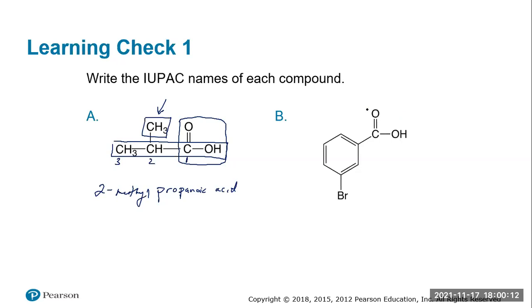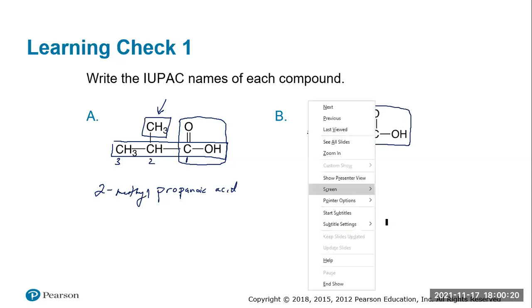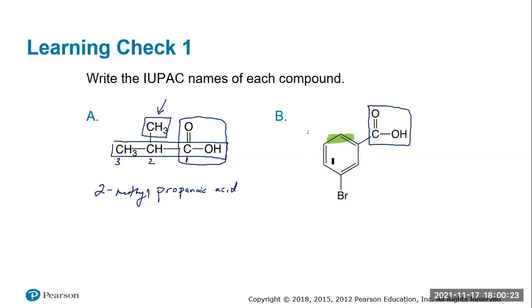Here on the guy on the B, we again see our carboxylic acid. We also see that it is attached to a benzene ring, right? So that's basically a benzene ring with a carboxylic acid. Think of it as all one piece there. And that one piece is really going to give us the base of our name, which would be benzoic acid.